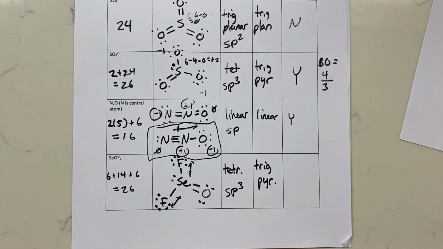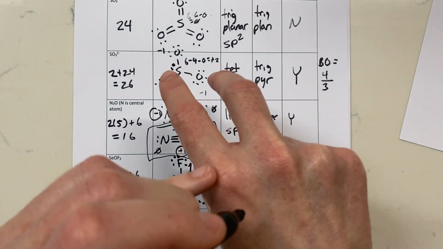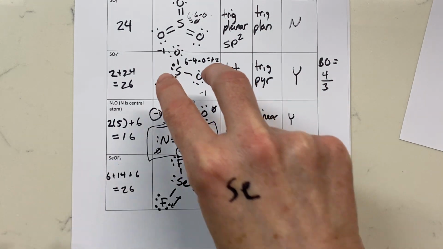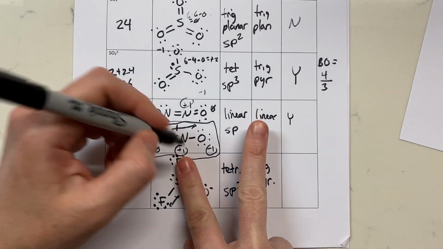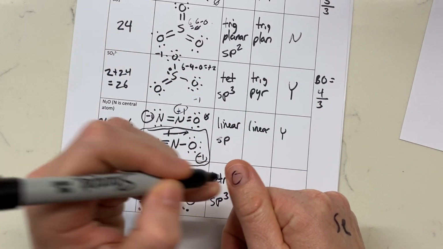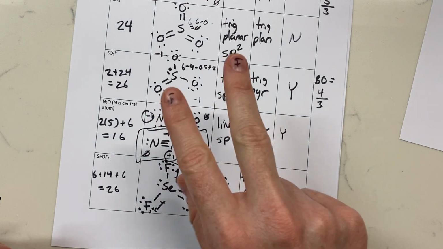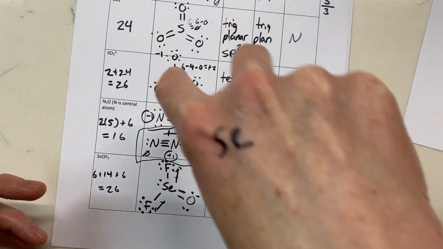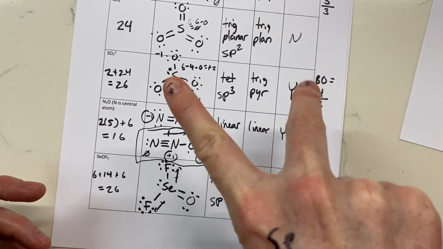All right, I know this is kind of weird, but I really want to demonstrate this for you. In case you're not getting this part, let's pretend that this part of my hand is selenium. Here I've got a fluorine, here I've got a fluorine, and here I've got an oxygen. So fluorines and oxygen and selenium. This is what it looks like, kind of like a pyramid.